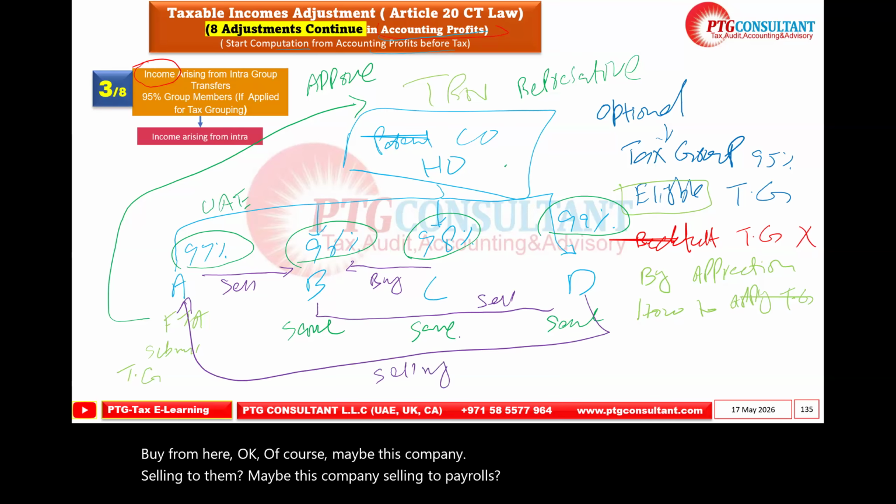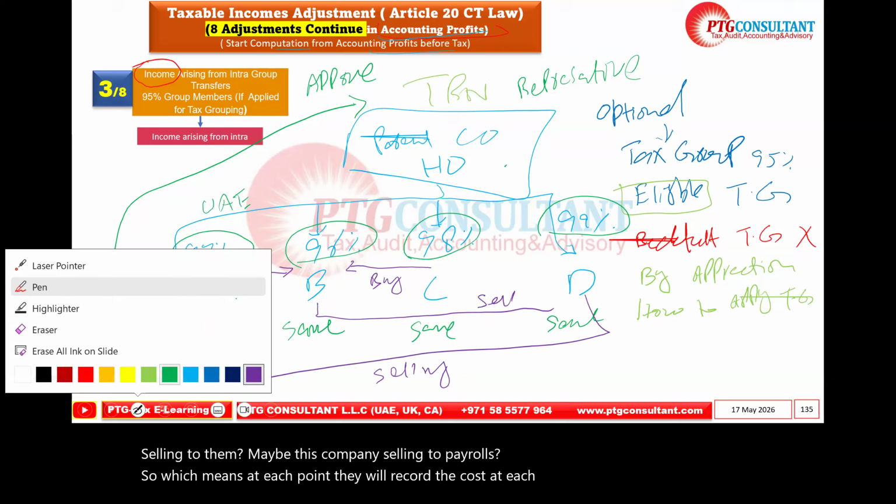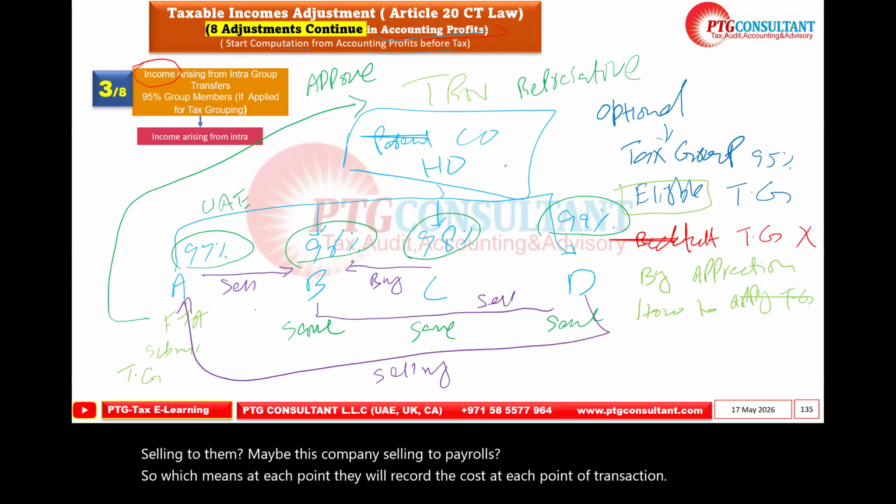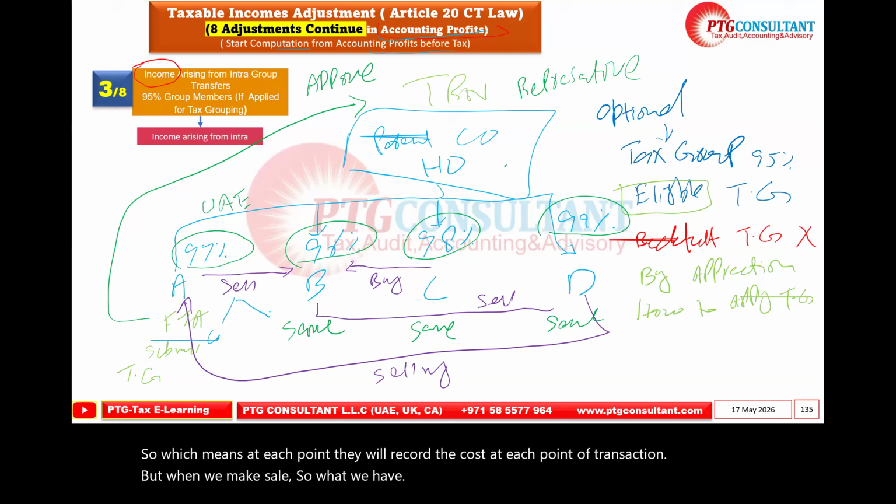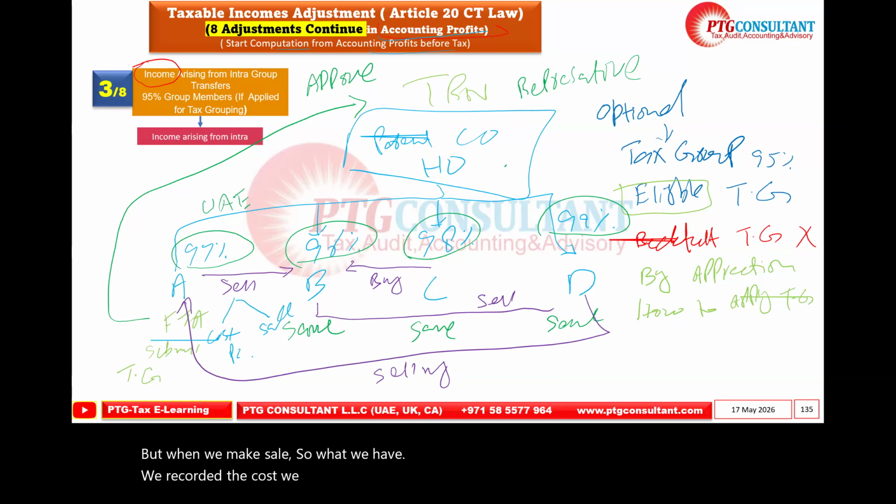At each point they will record the cost, because when we make a sale, we record the cost and we record the sale, which means the profit is recorded. The same thing happens here and here.